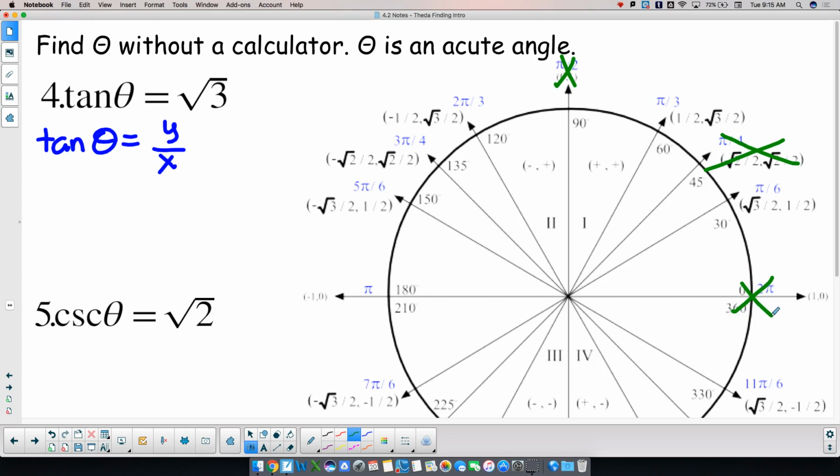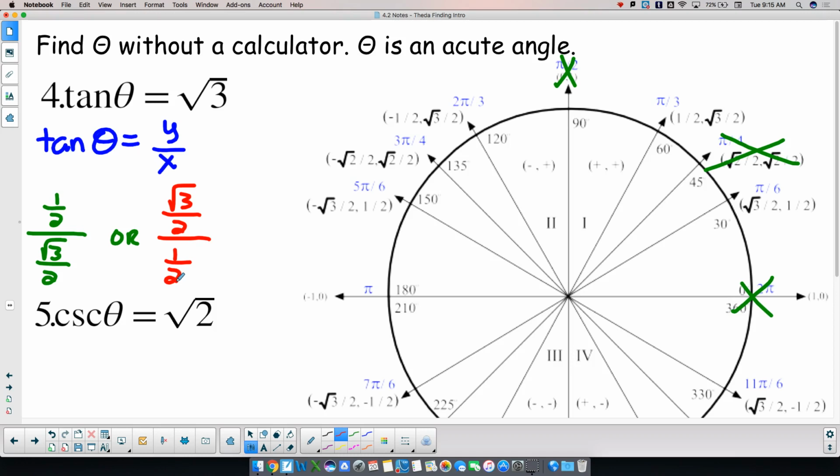So I'm either at 1/2 divided by the square root of 3 over 2, or I'm at the square root of 3 over 2 divided by 1/2.